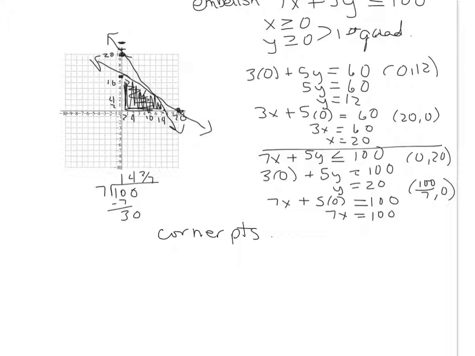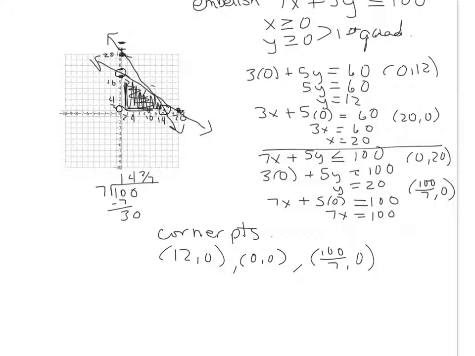I know I have one of them right up here, which was 12, 0. This one right here. Okay, that was the first one we put on the graph. I also know I have 0, 0. I also know that I have this last x-intercept I put on the graph, which was 100 over 7, comma 0.